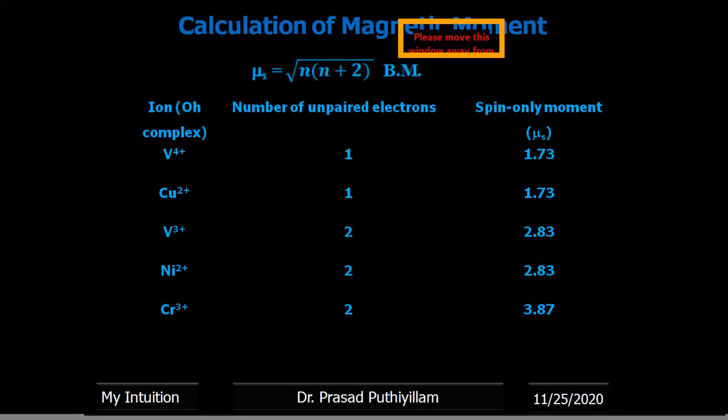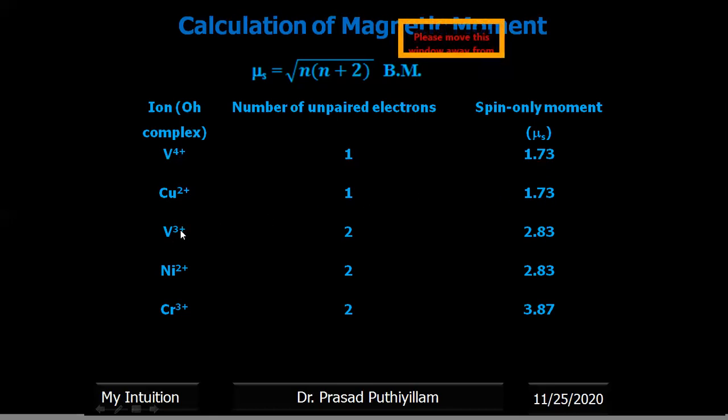Therefore, we can calculate for all the possible complexes with vanadium, copper, and other possible oxidation states. For vanadium 4 plus, the number of unpaired electrons in an octahedral complex is 1, and the spin-only moment is 1.73. Copper 2 plus again has 1 unpaired electron, and 1.73 is the spin-only moment.